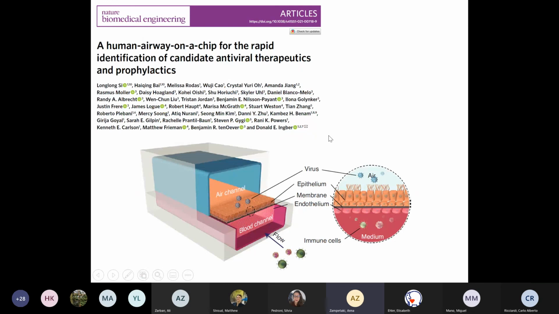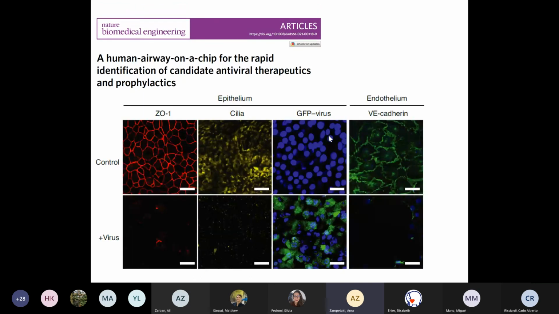This system was used to repurpose drugs that could be effective against COVID-19. And again, you see that they managed to get very nice monolayers of cells in both sides of the membrane, a stretchable membrane that can actually mimic the breathing motion as well.